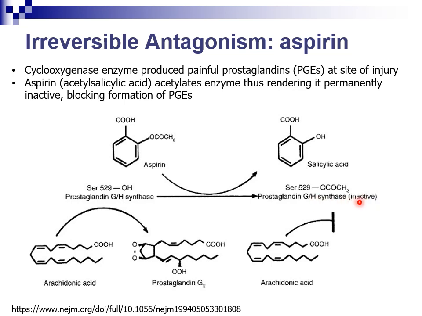So now you've got the enzyme which is inactive. Okay. And again, this is just part of the action of aspirin. I know aspirin doesn't last forever. The effect doesn't last forever in the body, but in some ways it does. And maybe we'll talk about this later in the course.